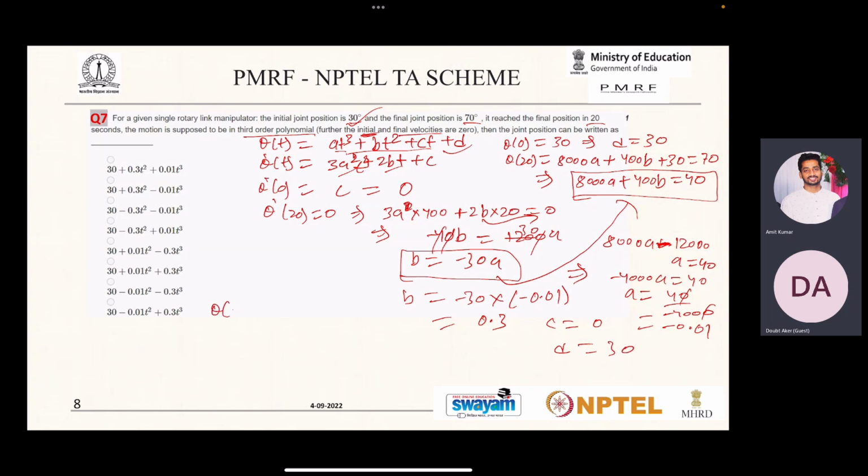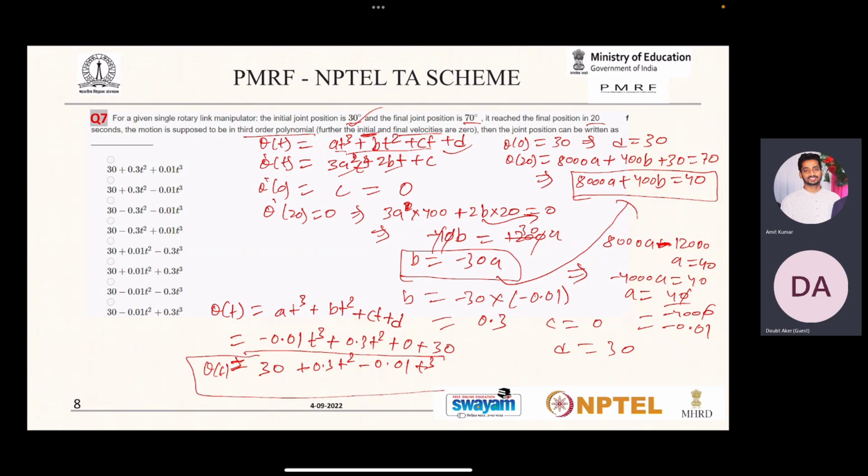So now we can write theta of t as at cube plus bt square plus ct plus d. We put in all the coefficients: a is minus 0.01 t cube, plus b is 0.3 t square, plus c is 0, plus d is 30. It can be rearranged and written as 30 plus 0.3 t square minus 0.01 t cube. So this is the equation for theta t.